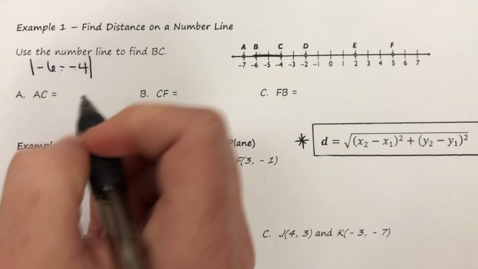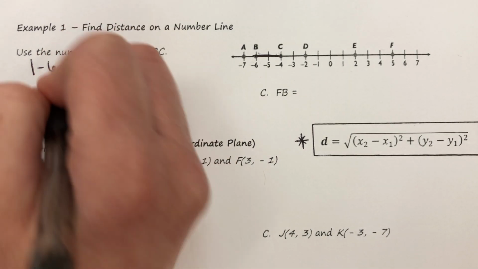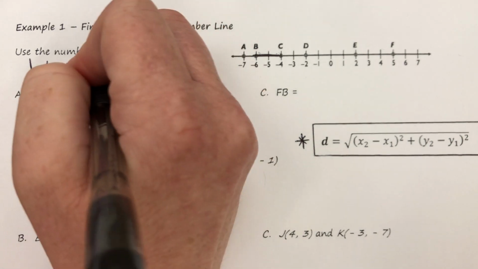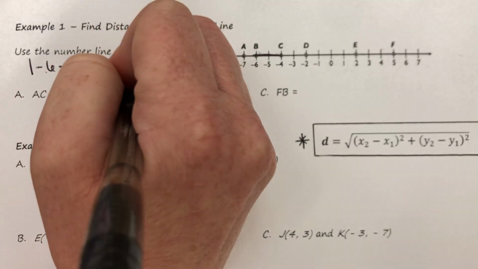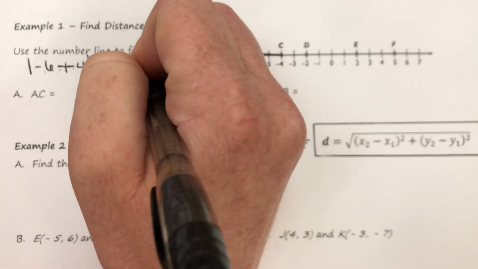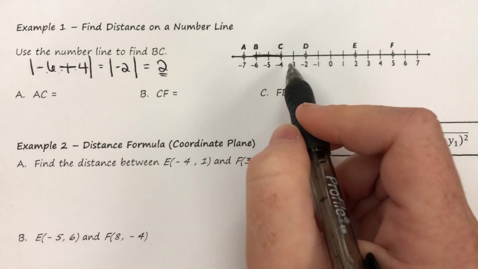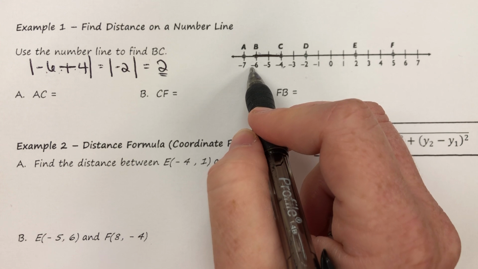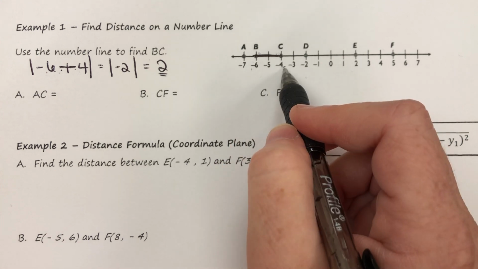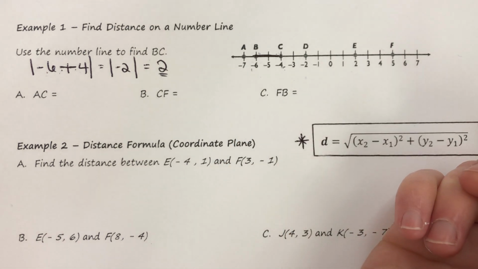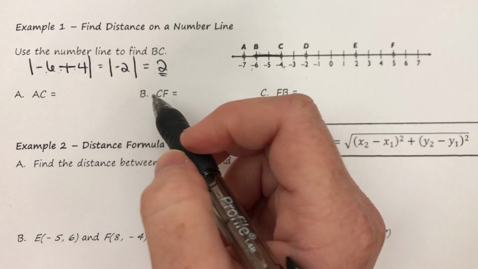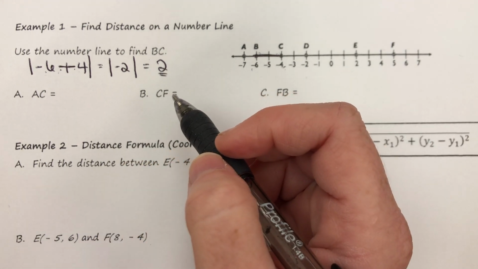I have a double negative here, so that's going to turn into a plus. -6 plus 4 is -2. But distance can't be negative, so I'm just going to make it positive, +2. If I had gone the other way and said -4 minus -6, it'd be -4 plus 6, which would be +2 as well.